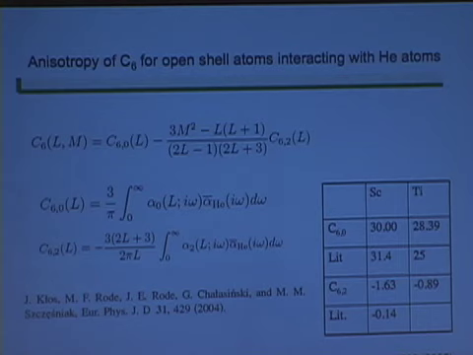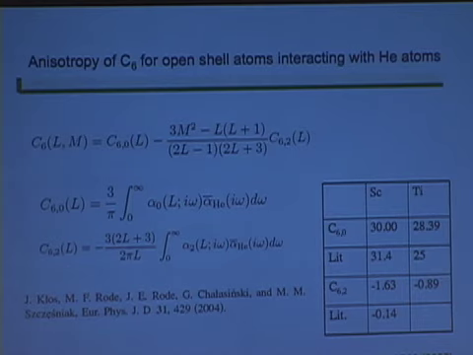Then we did the calculation of C60 and C62 for scandium and titanium, and compared to what's published in the literature in this paper. And in this paper, for dispersion interactions, they use a pretty large supramolecular calculation of CCSD(T), I think, with very large basis sets.